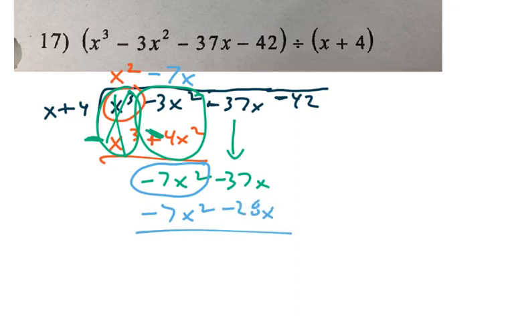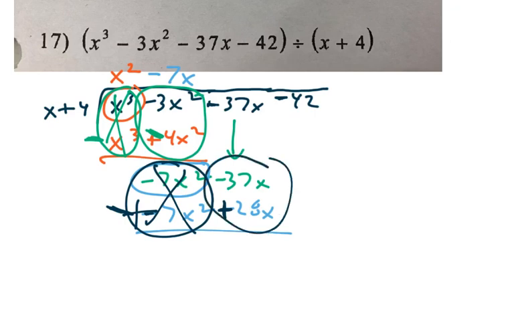The key step again is when I do my subtraction here, guys, this first negative, of course, becomes a plus. This negative or minus becomes a plus as well because, again, I distribute my minus. So negative 7x squared plus 7x squared is 0 again. Right here, I got negative 37 and 28, which is a negative 9x.